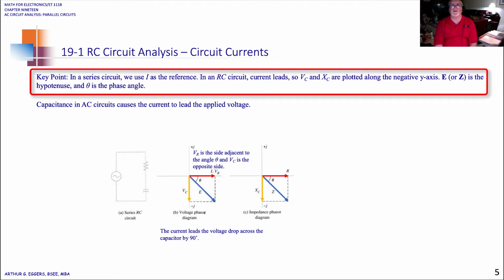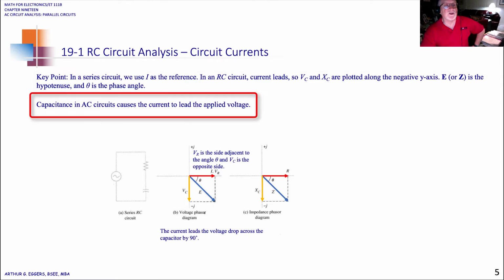In an RC circuit, the current leads, so the voltage across the capacitor and the reactance of the capacitance are plotted along the negative j axis. Z, the impedance, becomes the hypotenuse, and the angle theta forms the phase angle between them. So capacitance in AC circuits causes the current to lead the applied voltage.